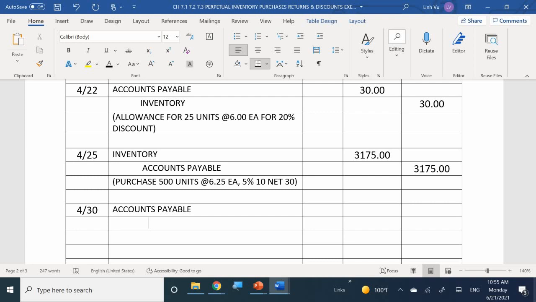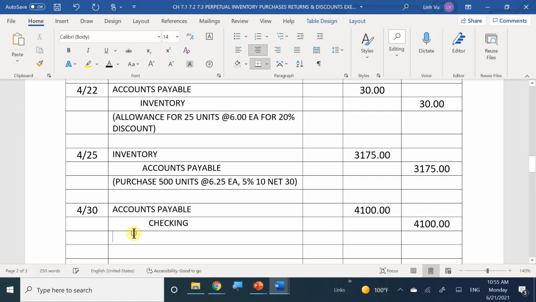It's checking. We're making a payment through checking, or we're writing a check. So in this case, checking is going to be for the 4,100. That's what we solved for.